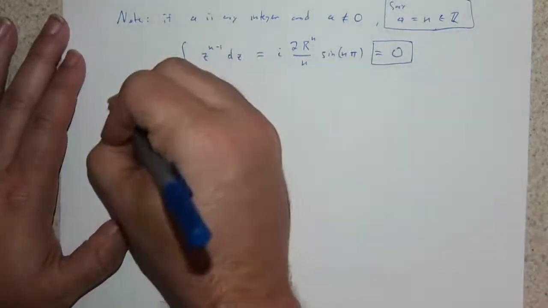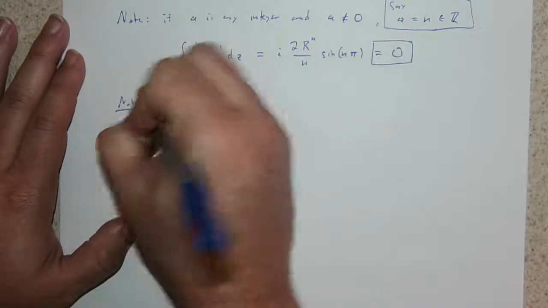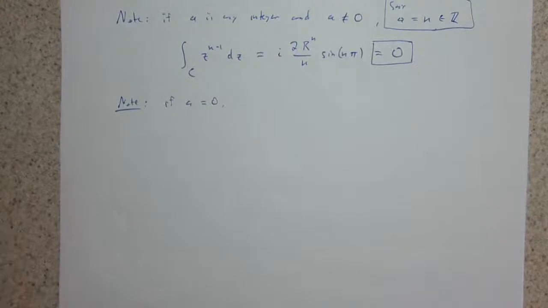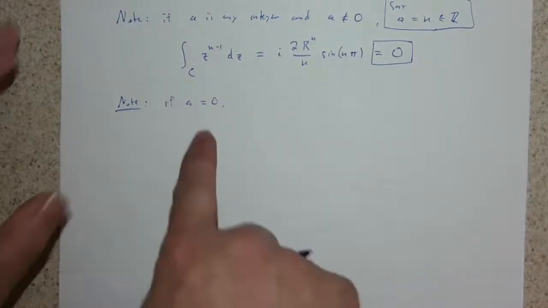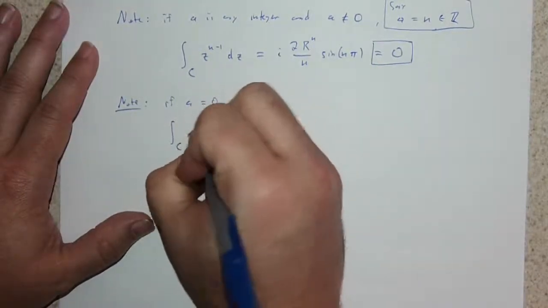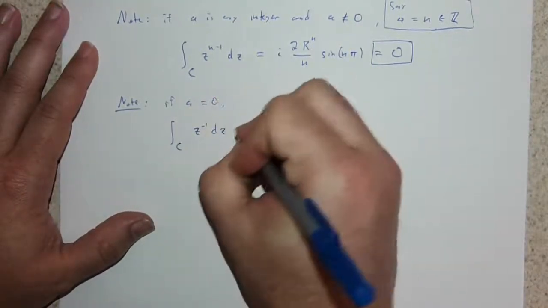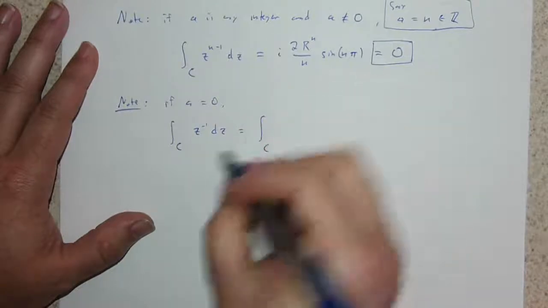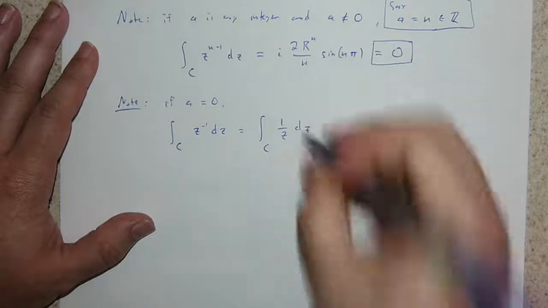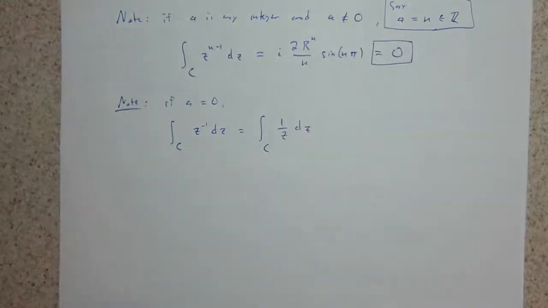Also, note, if a is equal to 0, then the thing that we're computing is the contour integral of z to the minus 1 dz, or rewriting that in a form that you're used to, the contour integral of 1 over z dz.